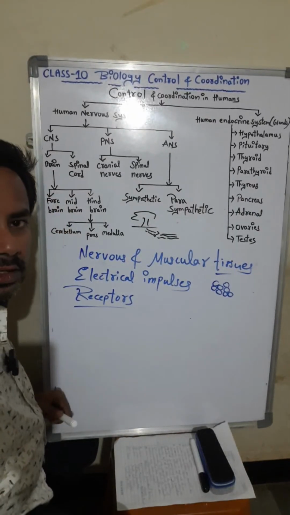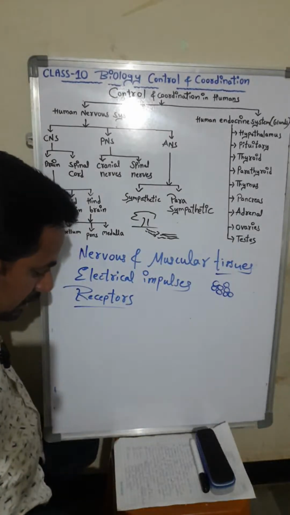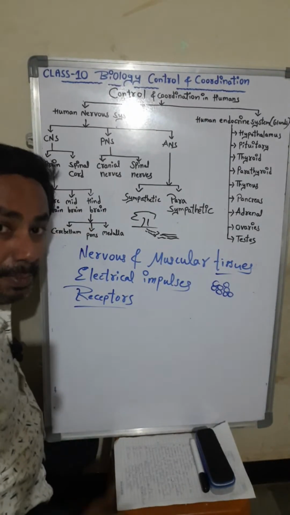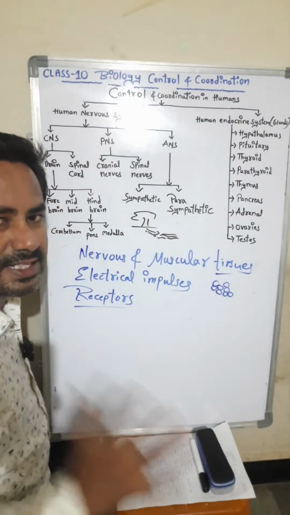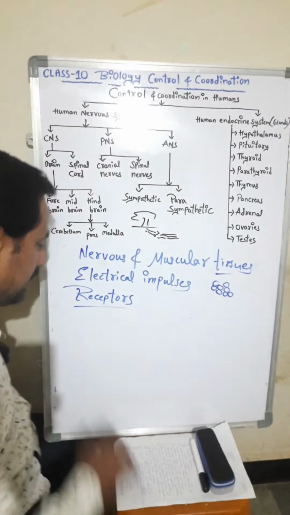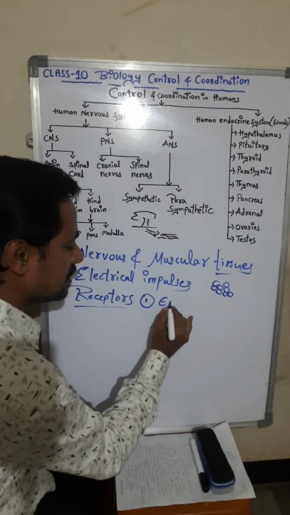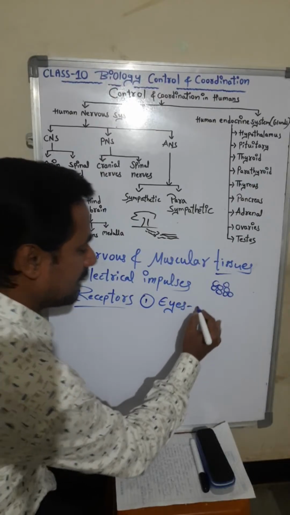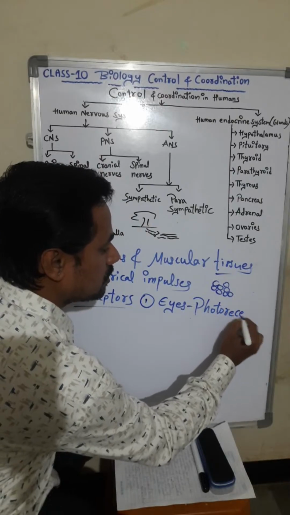Receptors, receivers of different information, it will be detected by our sense organs. Just now I asked the question, which are the sense organs in our body? Okay, fine. The first one is eyes. Photoreceptors are present in eyes, students.